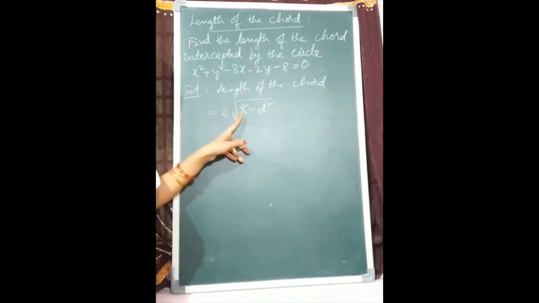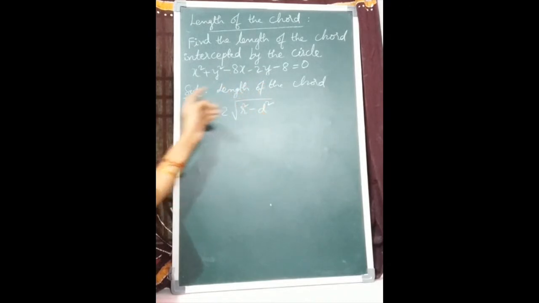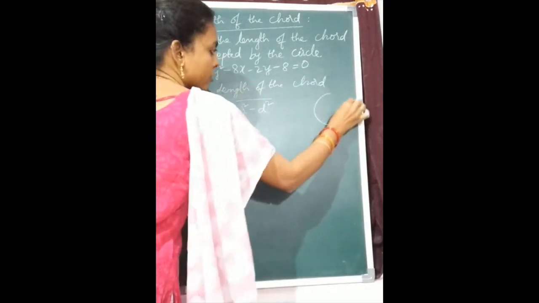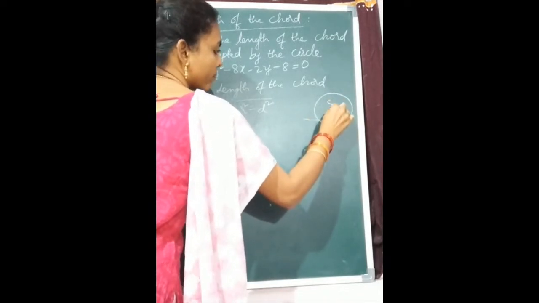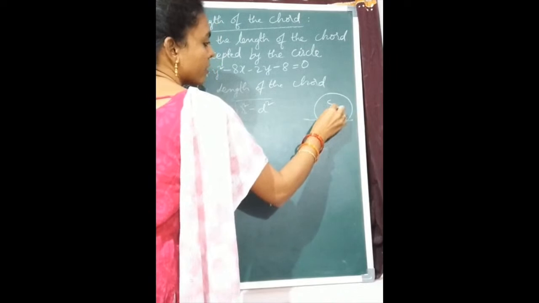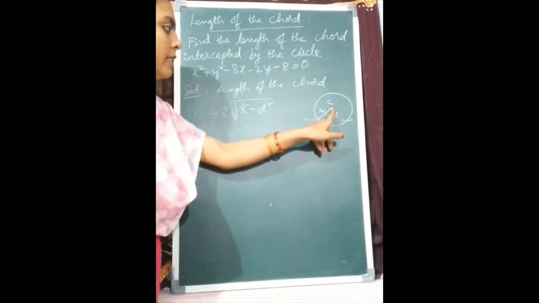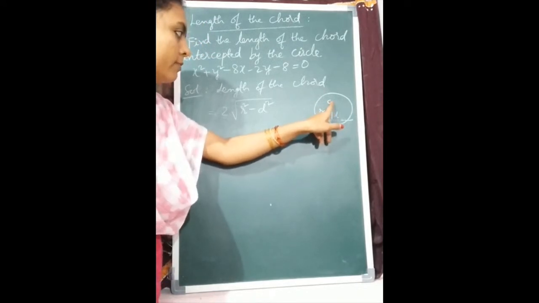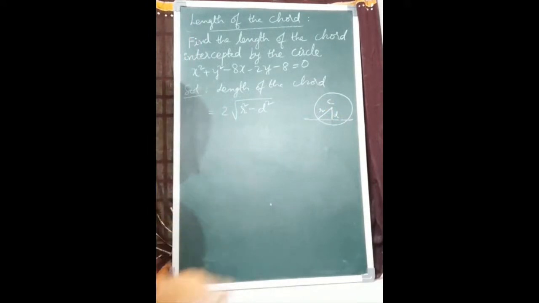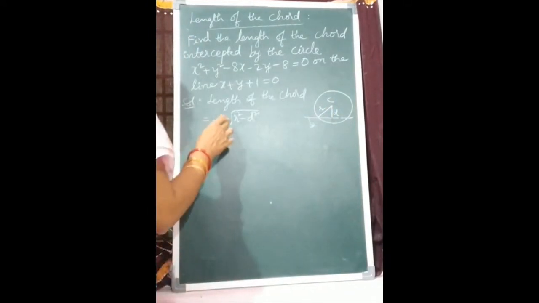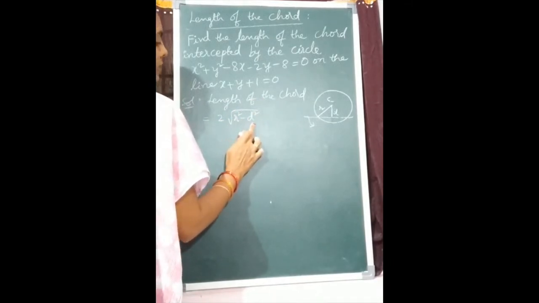So here we have to find R, the radius of the circle, and D. D means the perpendicular distance from the center to the line.